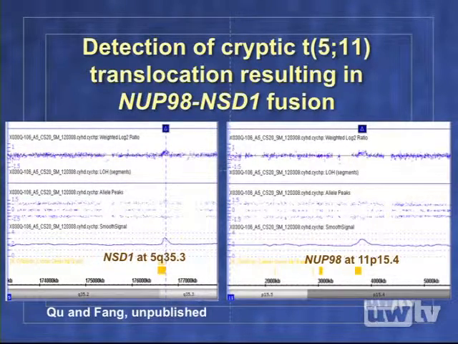So in this case, again from the SWOG cohort, we saw a small gain, less than 100 kb, about 50 kb, on 5q at the locus of NSD1, and another small gain on chromosome 11p at the NUP98 locus.